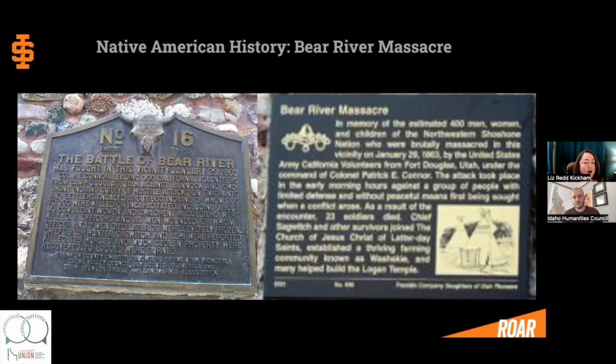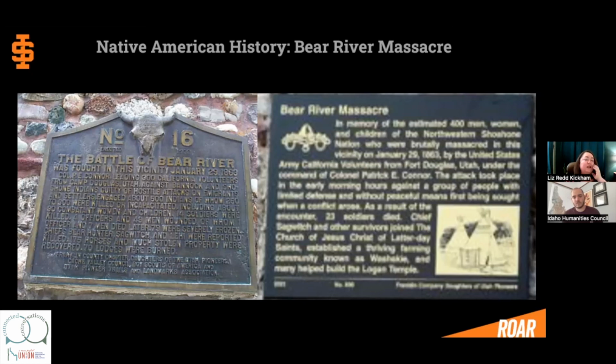"who were brutally massacred in this vicinity on January 29, 1863, by the United States Army California volunteers from Fort Douglas, Utah, under the command of Colonel Patrick E. Connor. The attack took place in the early morning hours against a group of people with limited resources and without peaceful means."